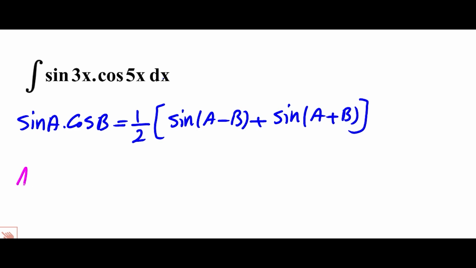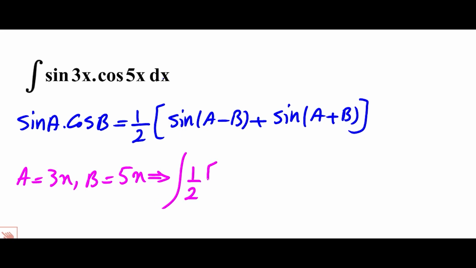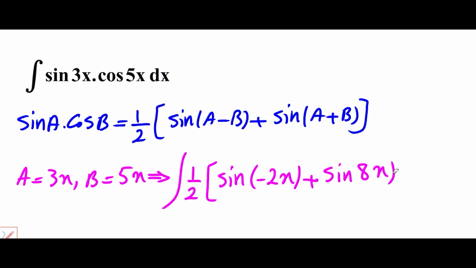So substitute a equals 3x and b equals 5x. So the integral becomes 1/2 times sine of a minus b, which is negative 2x, plus sine of a plus b, which is 8x, right?